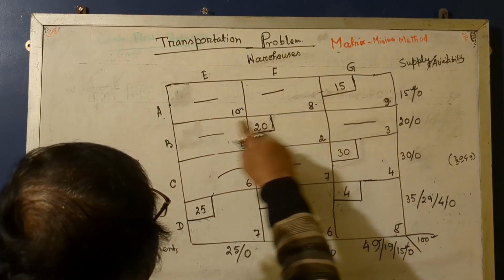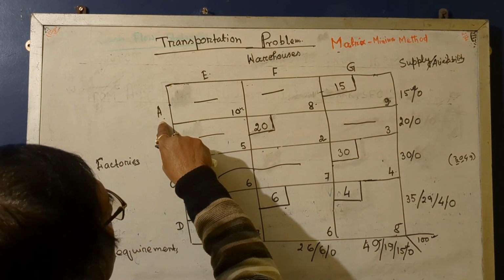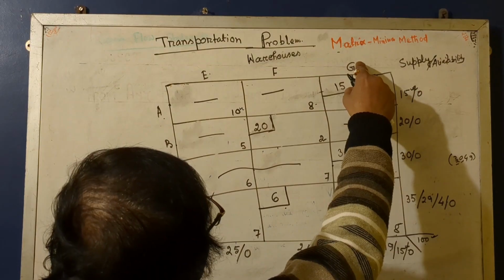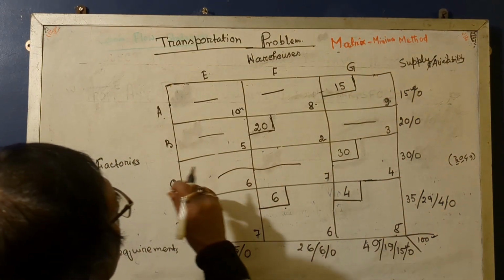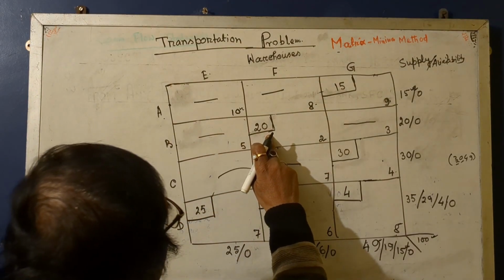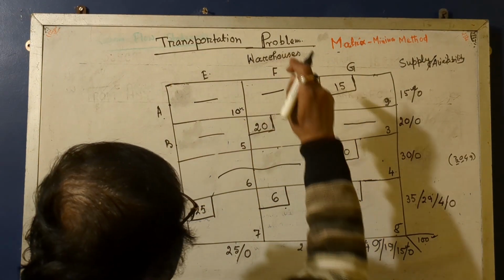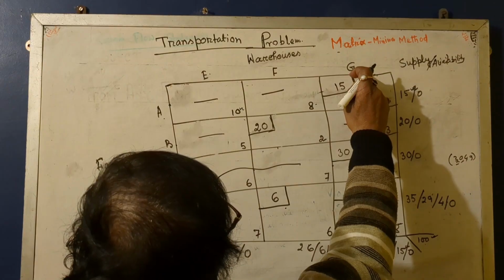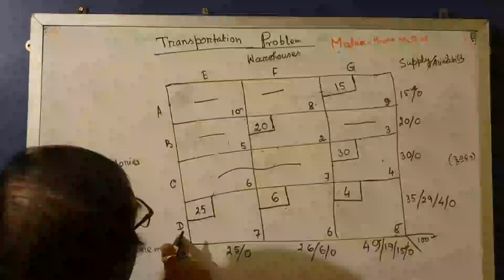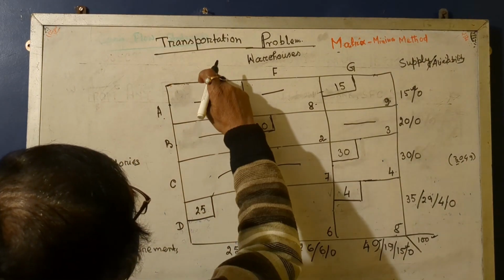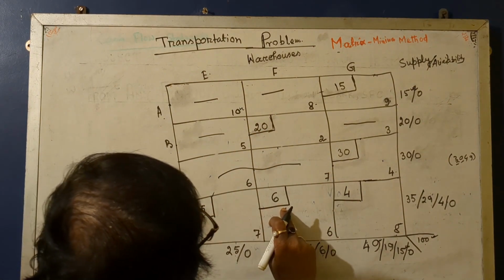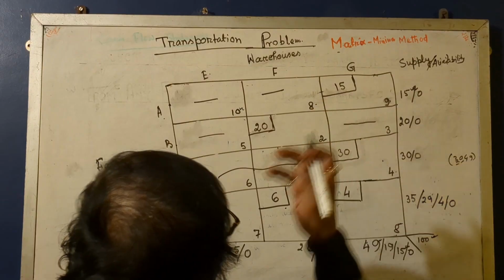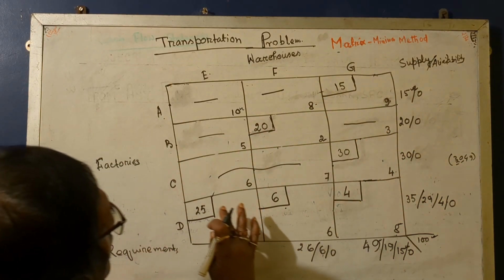It means from production unit A, you have to shift 15 units to warehouse G. From production unit B, you have to shift 20 units to warehouse F. From production unit C, you have to shift 30 units to warehouse G. And from production unit D, you have to ship 25 units to warehouse E, 6 units to warehouse F and 4 units to warehouse G. This is the initial basic feasible solution.